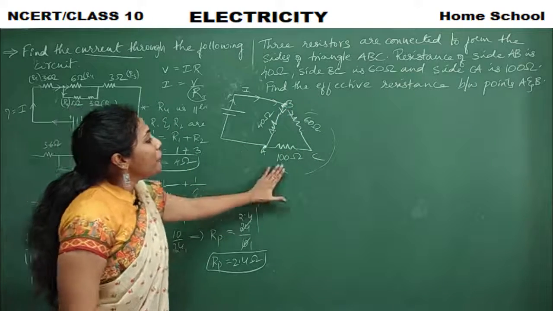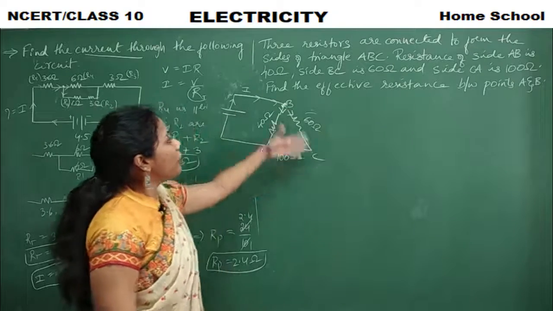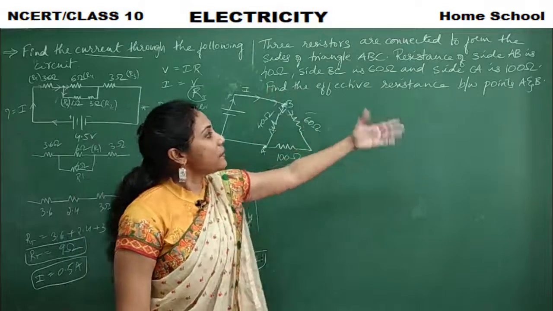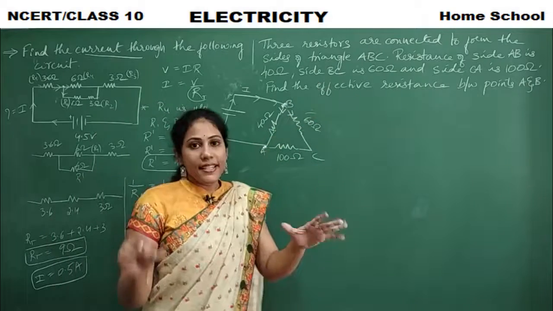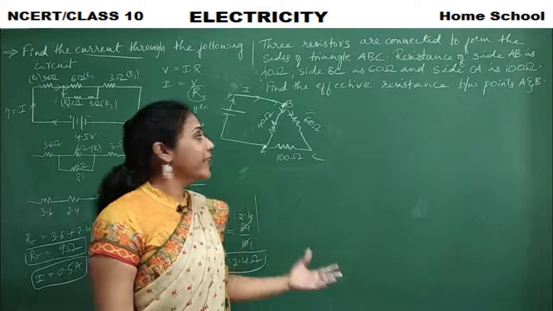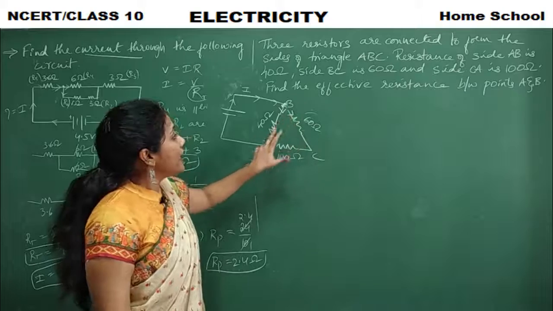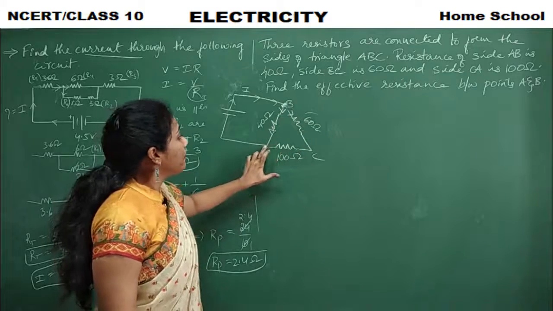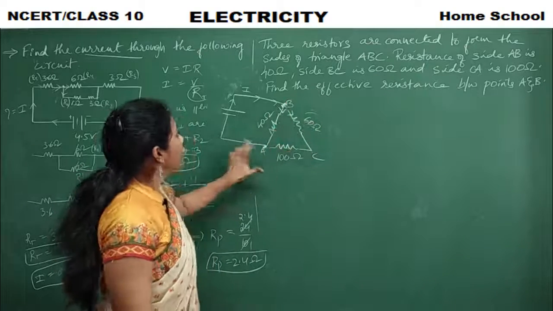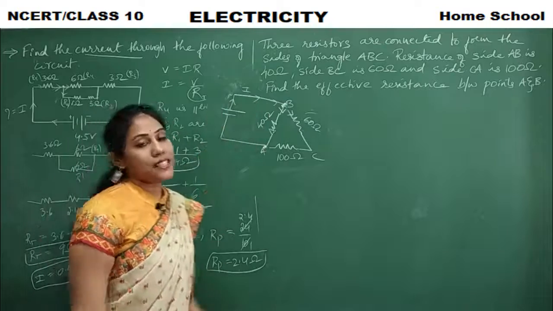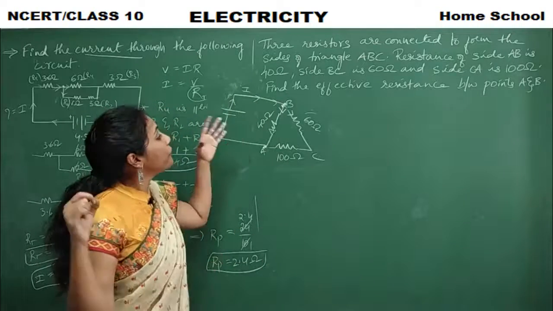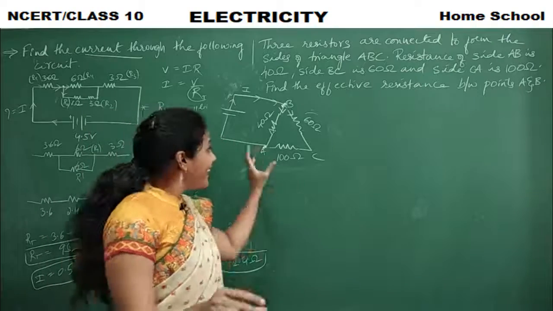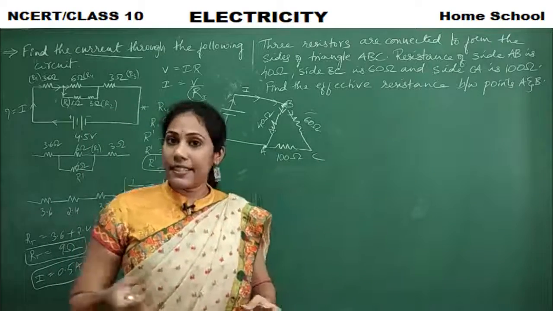So find the total resistance. How do you find effective resistance between points A and B? The moment they said effective resistance, it is total resistance. So total resistance you have to find between A and B. To that you connect a battery, it becomes a circuit. Clear? So this is how you have to frame a circuit first and later find out the total resistance.